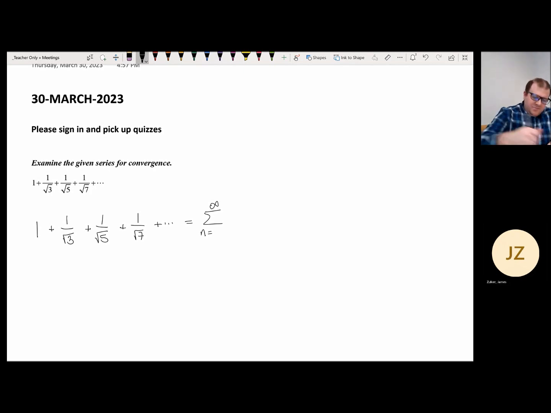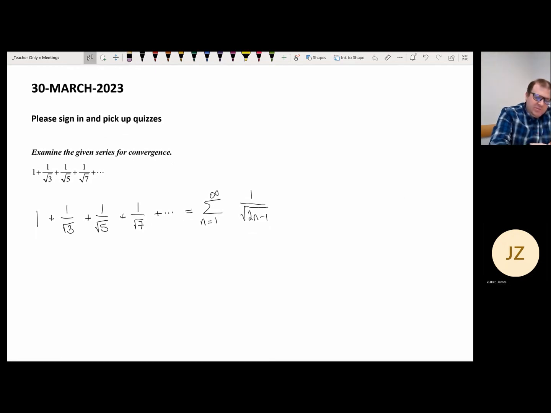Let's start at 1 and do 1 over the square root of 2n minus 1. That works. No, it's not geometric. The limit is 0, so the divergence test fails.